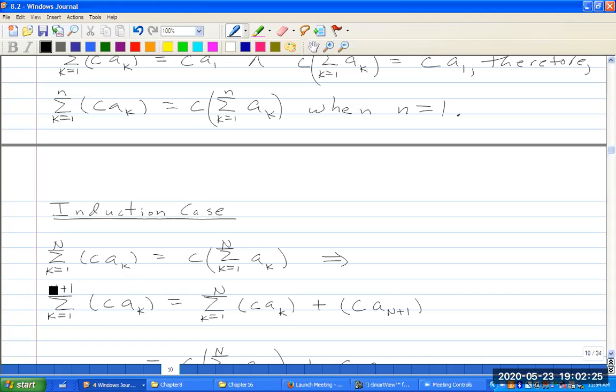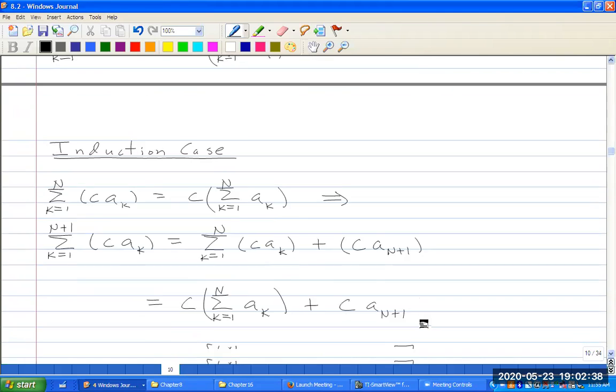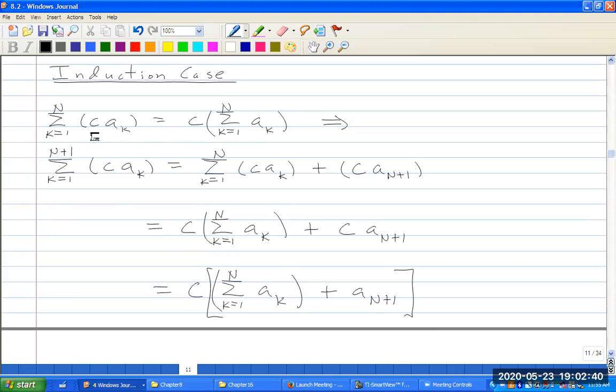Well, it's going to be the sum of the first n terms plus the last term. So the sum k equaling 1 to n of c a sub k plus the last term, c times a sub n plus 1. But by assumption, I have that this is equal to this term, c times the quantity sum k equaling 1 to n of a sub k.